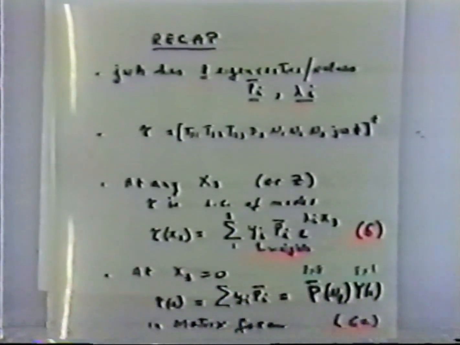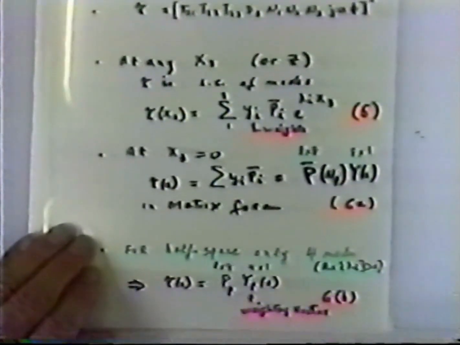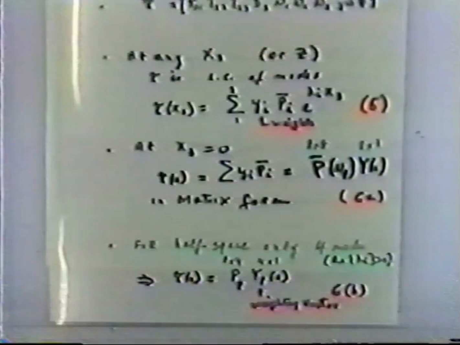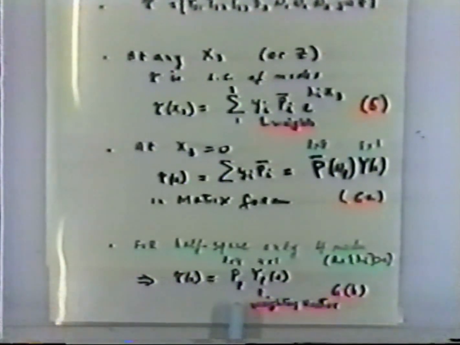And of course, as we did discuss to some extent last time, perhaps rushing just a little bit, for a half space, since the eigenvalues come 4 with a plus sign, the real part has a positive sign and the other half has a negative sign, in order to construct a solution for a surface wave problem in which the fields must vanish as we go down to negative infinity, we can only construct a solution to match the free surface by only taking the eigenvectors corresponding to the positive real part of the 8.